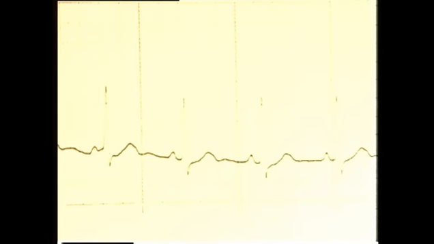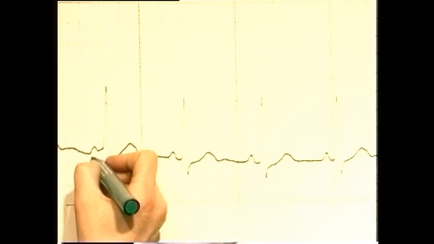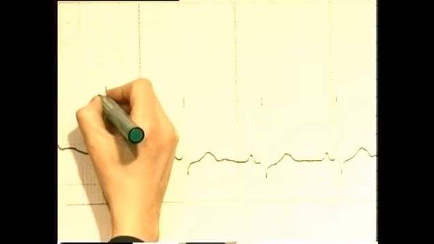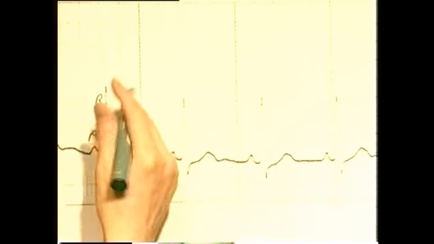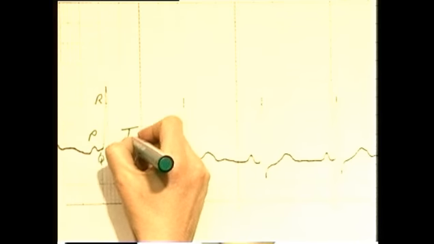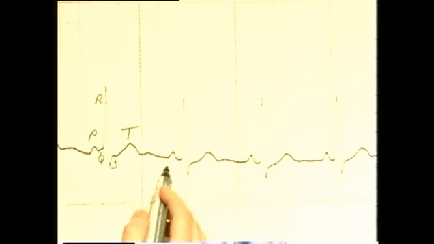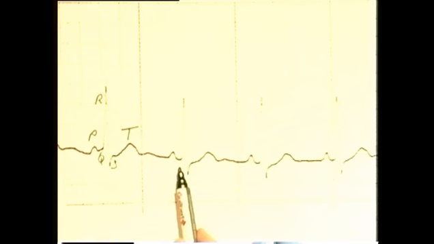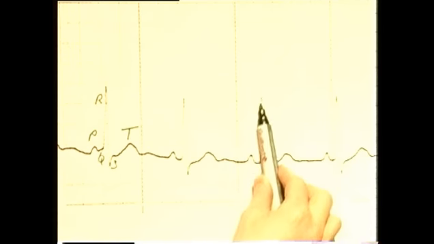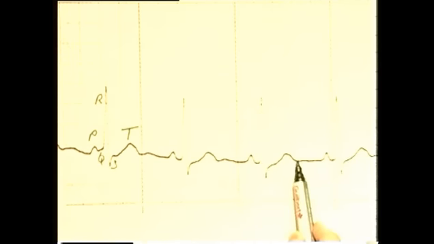So here we have an ECG I actually recorded from one of my students. Here we can see the P wave, the QRS complex, and the T wave, followed by a small gap, followed by another P, Q, R, S, T, little gap, P, Q, R, S, T, little gap.